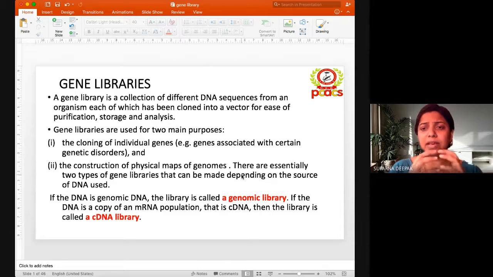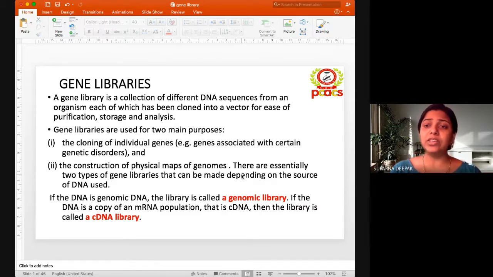So you have to identify which E. coli cells are carrying this part of the gene, so they have an insert. The collection of all these E. coli cells, which will have all these 100 fragments, would be called your gene library.